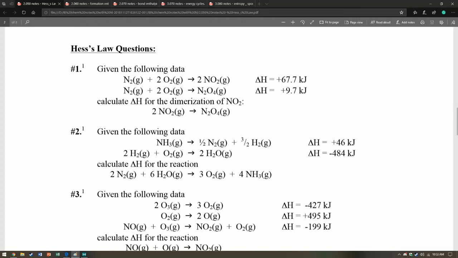These aren't exact, but I'm going to round these numbers just for the sake of my sanity because I don't have a calculator on me. And then we also know that N2 plus 2O2 can get us N2O4. Delta H here is 10. Calculate for this reaction.